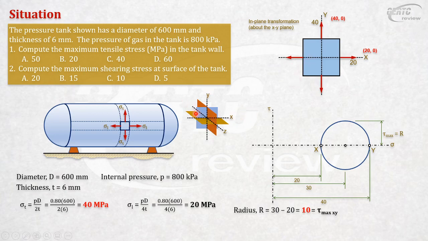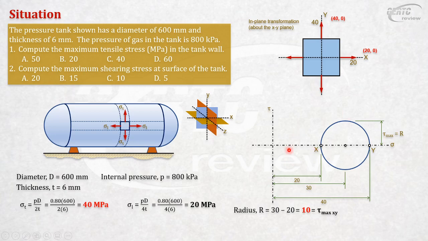There is the Z-axis also, perpendicular to that strip. This plane is the XZ plane. This orange plane here is the YZ plane.